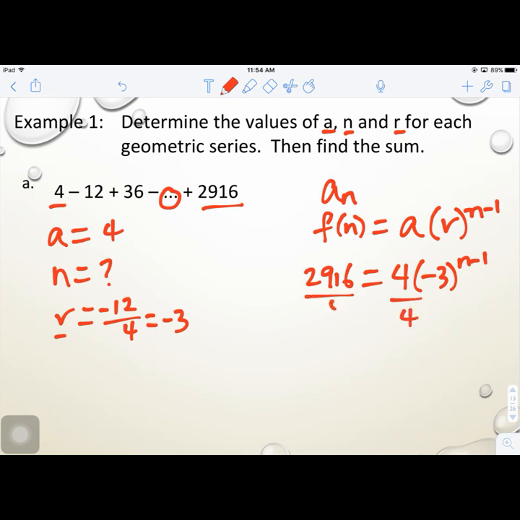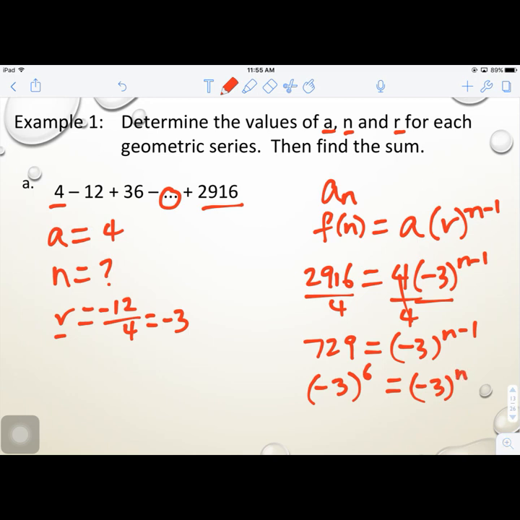The first thing we should do is divide both sides by 4, and that will leave us 729 equals negative 3 to the n minus 1. And we're going to rewrite the 729 as a negative 3 to the 6th power. So if you want to verify in your calculator, you can take negative 3 raised to the 6th power and see if that will give us 729.